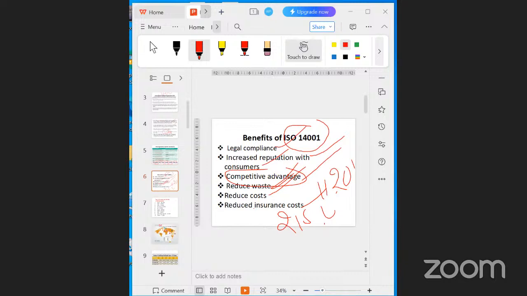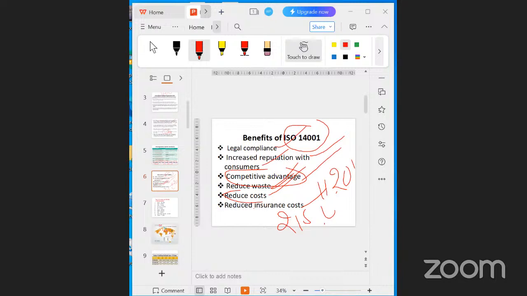By using more renewable energy sources and energy-saving processes, your company becomes more efficient as a result. And next we have reduced cost. Naturally, an increase in efficiency will lead to reduced cost of running your business, and the cost of waste management should go down.